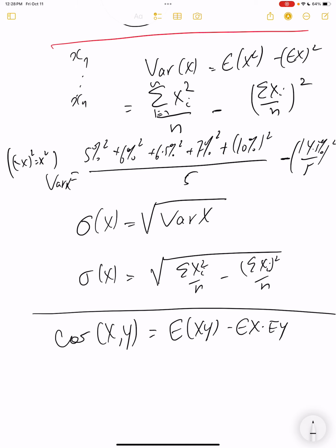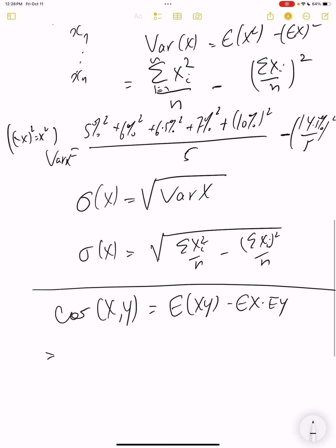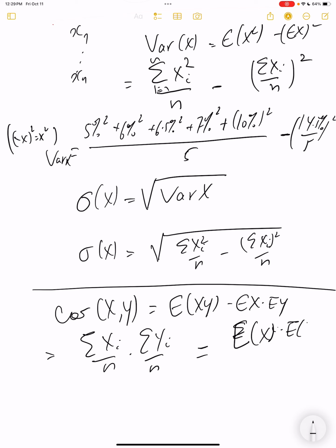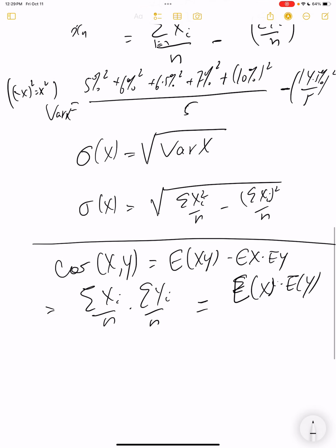In terms of a series, the expected value of xy is the sum of xi yi divided by n.